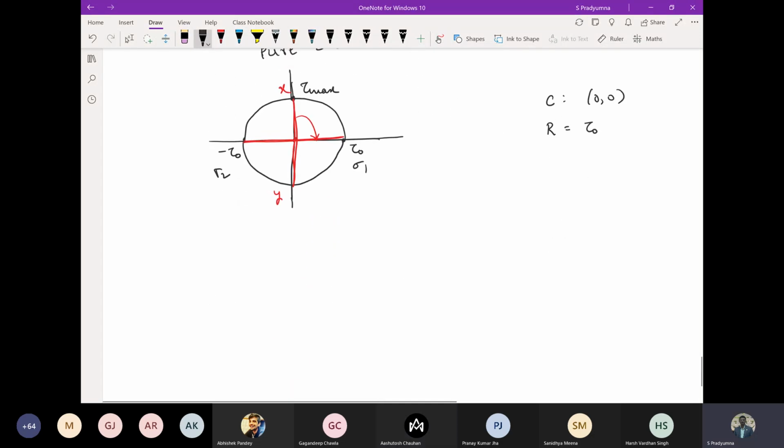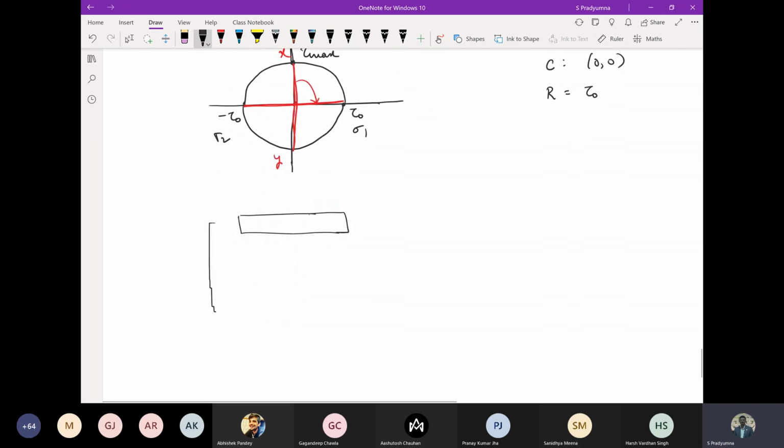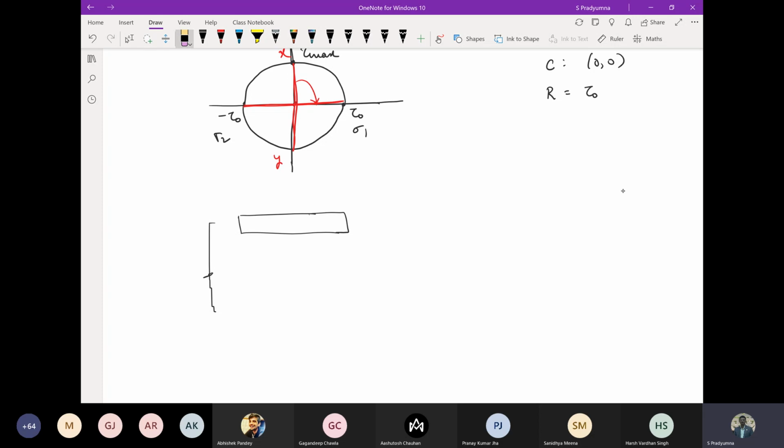Now let me come to another situation where I have a bar like this, and I am applying uniaxial tension like this.